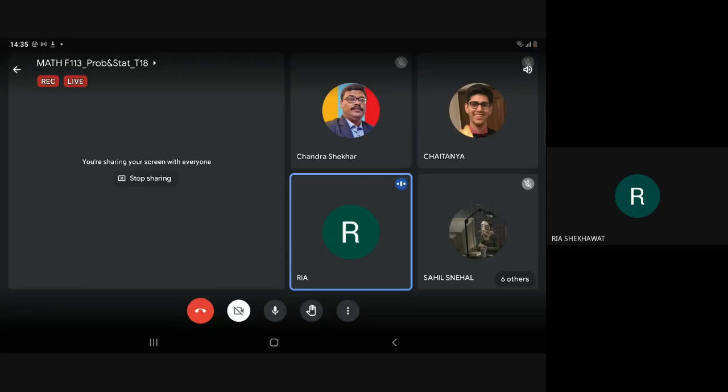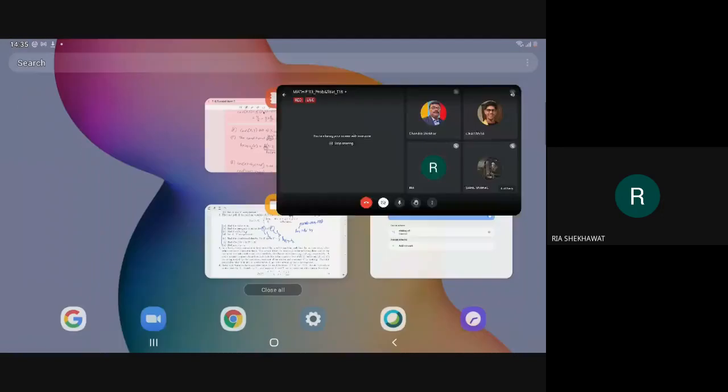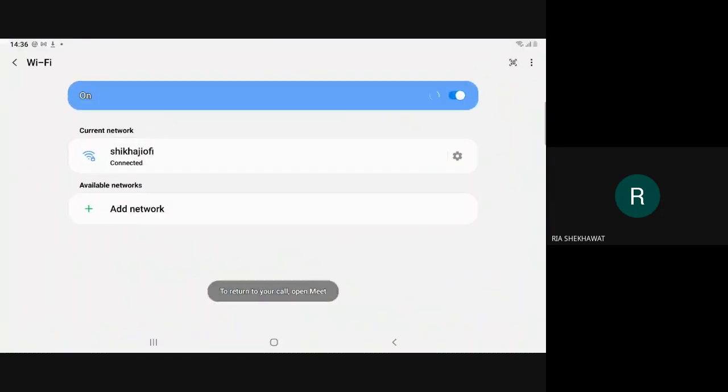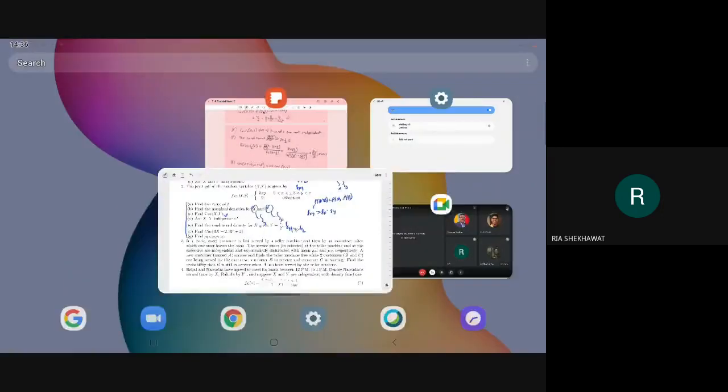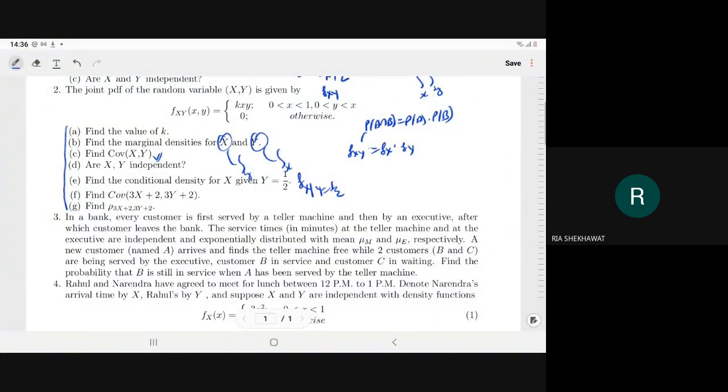So when you were explaining part E, part E means find the conditional density. Here the conditional density definition is exactly the same, whatever definition you have studied in chapter 2.